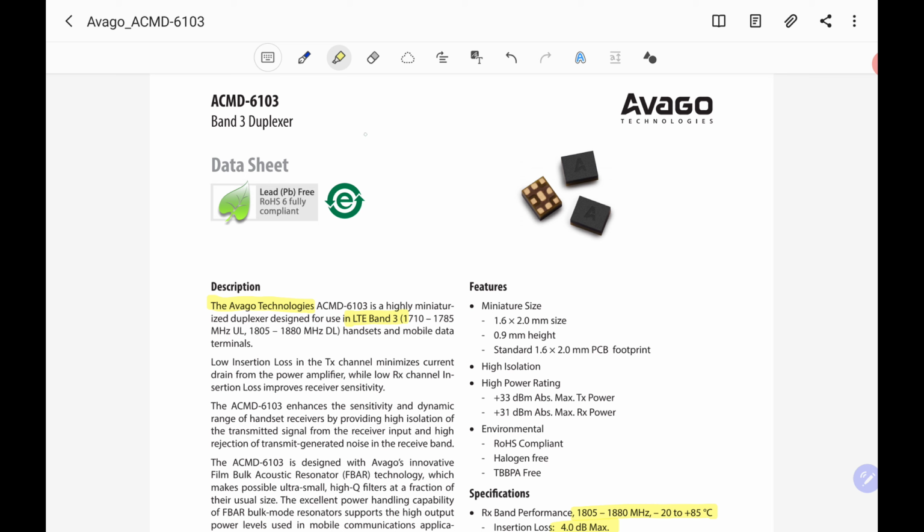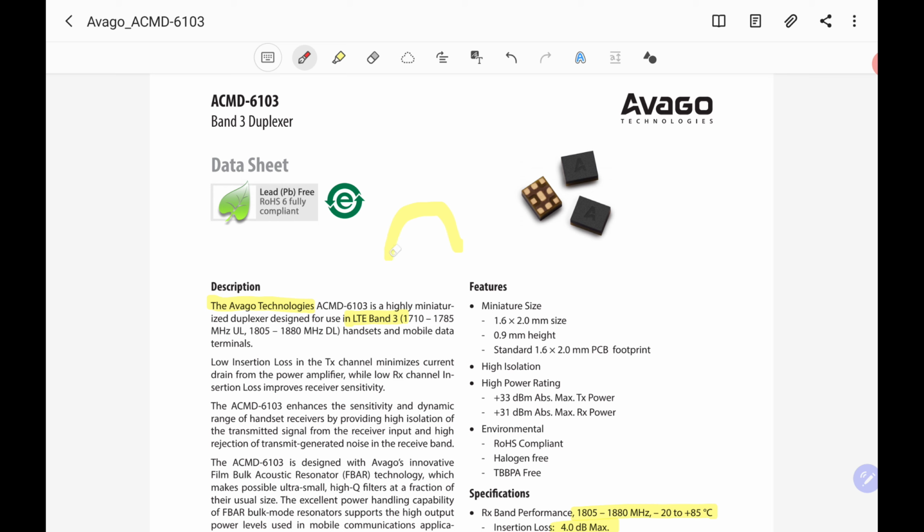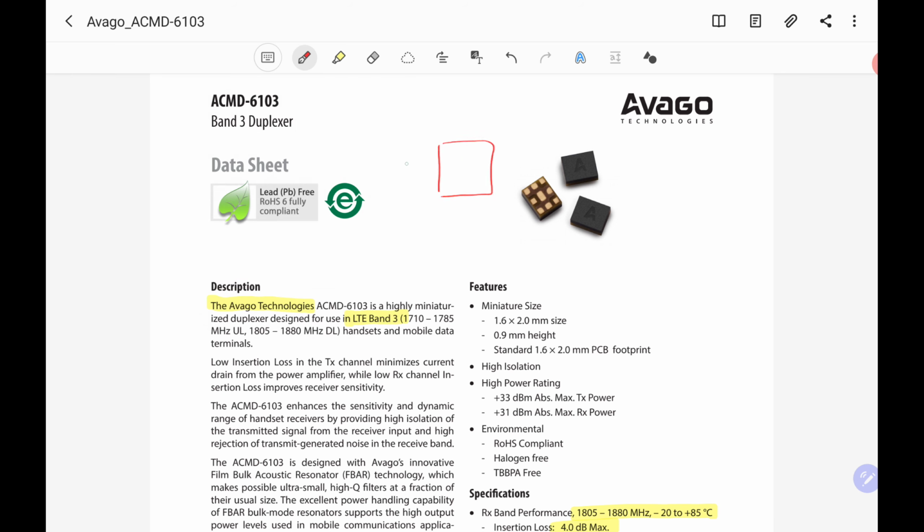This is like a filter which filters some desired signal and filters out undesired signal. If some signal comes, we want to block. So maybe frequency 1 and frequency 2 comes, we want to kind of transmit, right? So this is kind of filter.